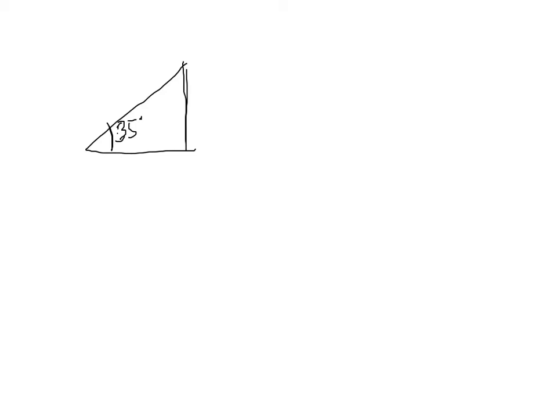Well, if they ask me what the ratio of A divided by B is, I can simply go to my calculator and write tan 35, and that will give me that ratio. Let's check it out.